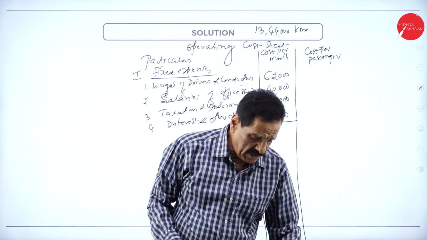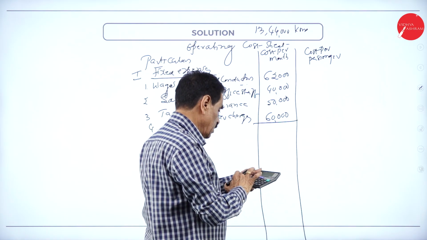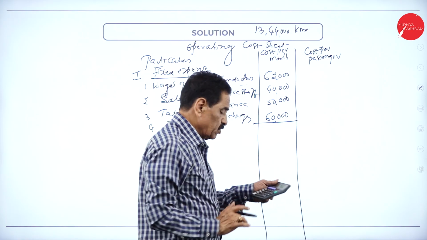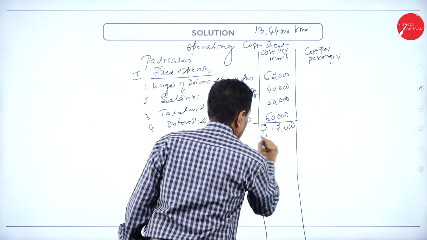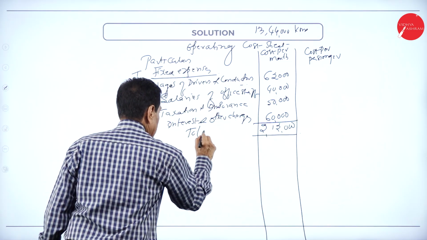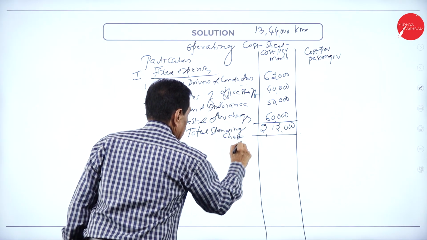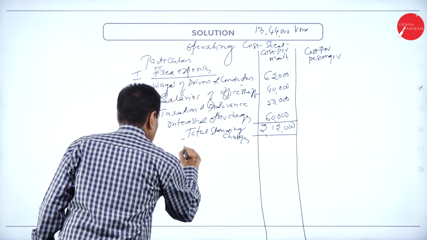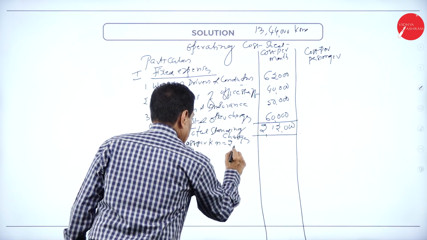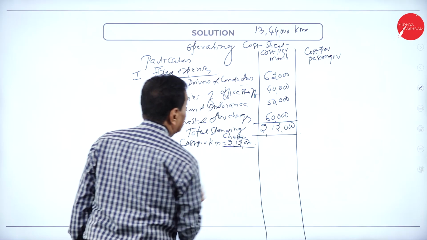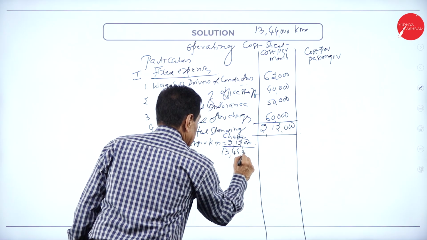Add the figures. This is 62,000 plus 40,000 plus 50,000 plus 60,000. So 2,12,000. Total standing charges, 2,12,000. So cost per kilometer, 2,12,000 divided by 13 lakh 44,000 kilometers.